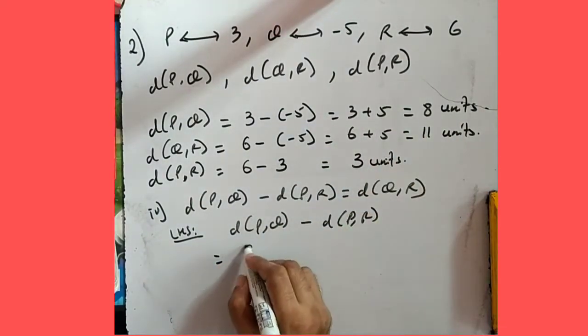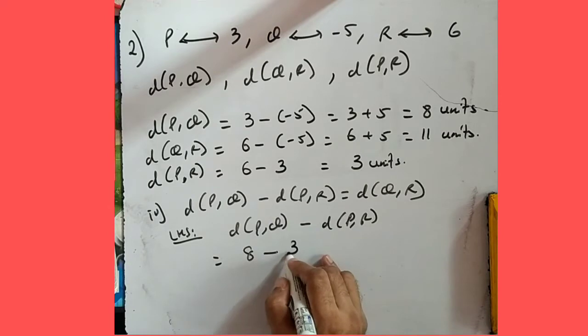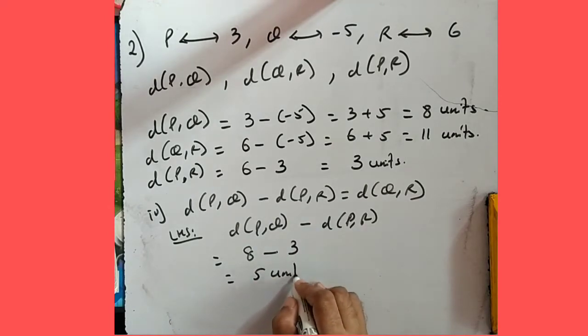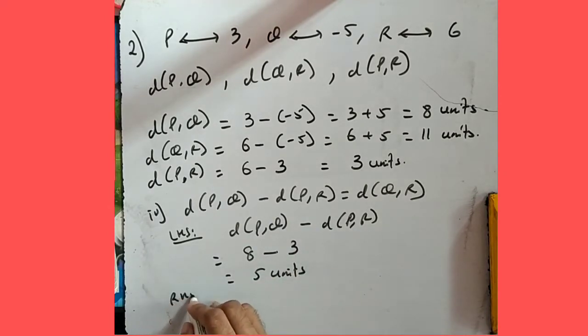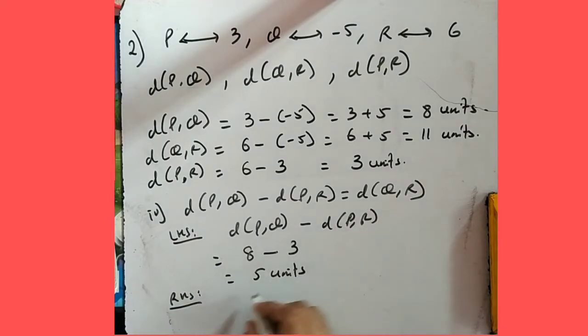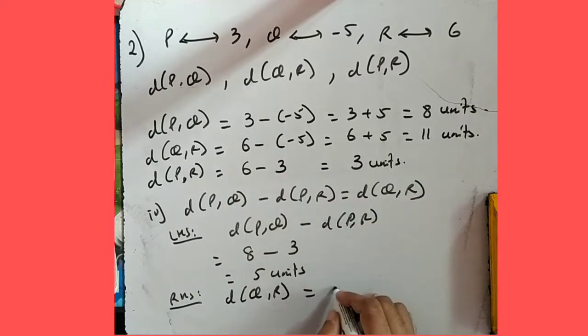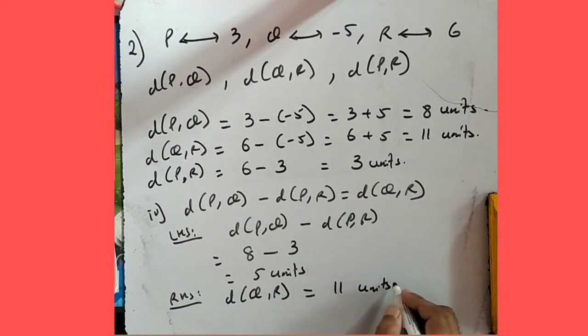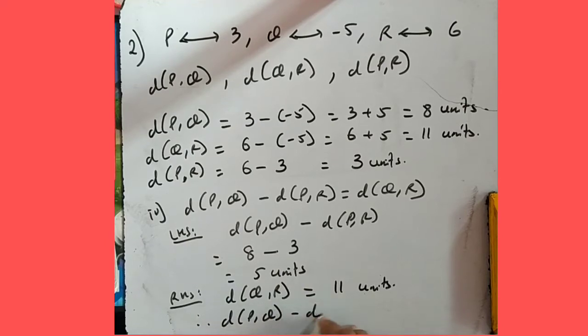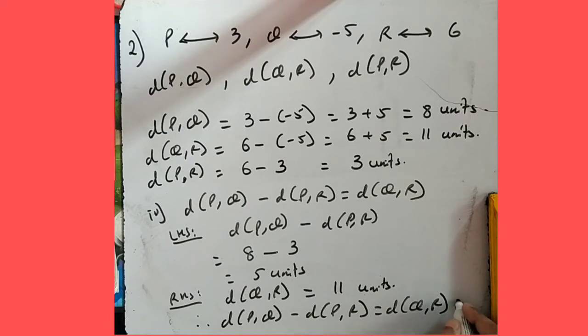In place of PQ comes 8, in place of PR comes 3, which becomes 5 units. Now RHS is distance QR, and the answer is 11 units. LHS is 5 units, RHS is 11 units. They are not equal. Therefore distance PQ minus distance PR is equal to distance QR is false.